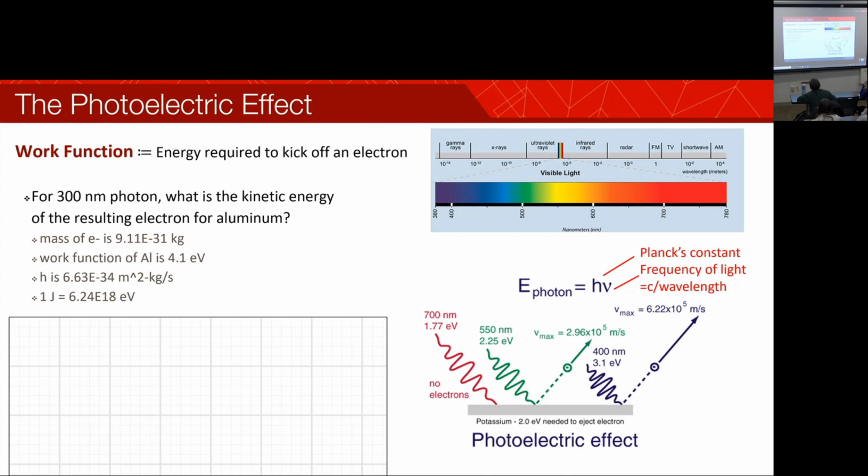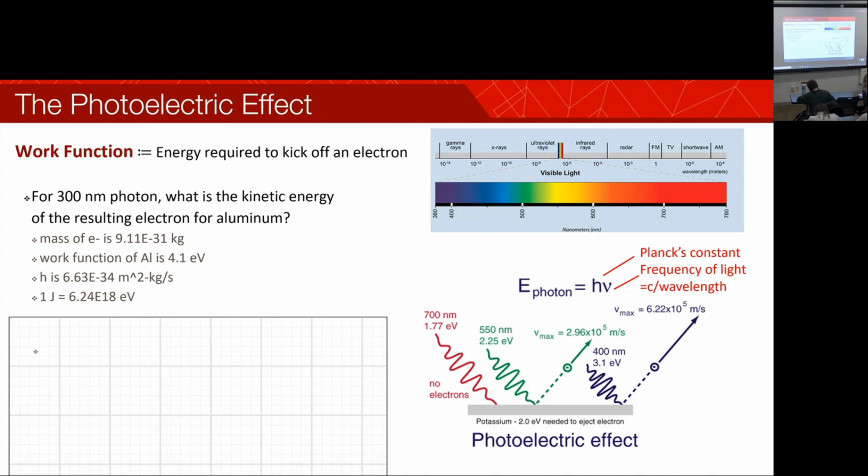And so these energies are going to be measured in what are called electron volts. Electron volts are a unit of energy. 1 joule equals 6.2 times 10 to the 18th electron volts, so electron volts are a very, very tiny unit of energy.